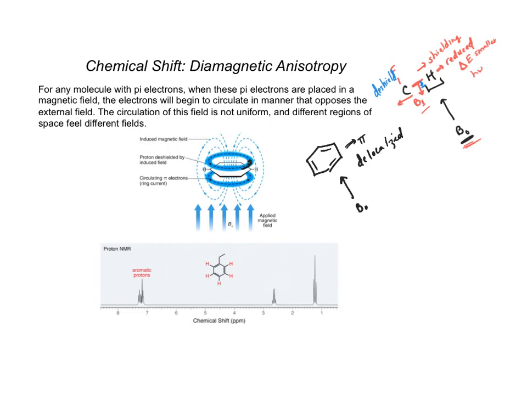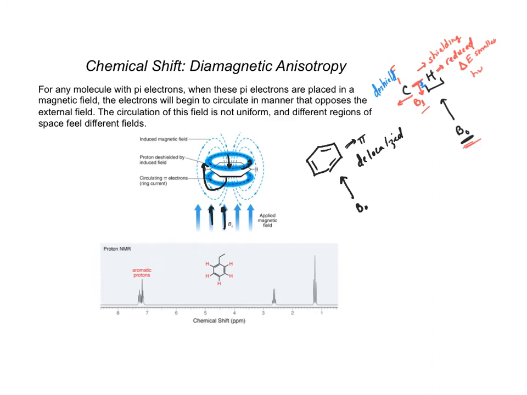But that magnetic field is going to generate very specific field lines depending on where you're at in the actual compound itself, right? So if you were inside the ring, you would find that those magnetic field lines would be opposed to our external magnet. But if you're on the outside of the ring, you find that those field lines are actually enhancing the external magnet or increasing it overall, right?